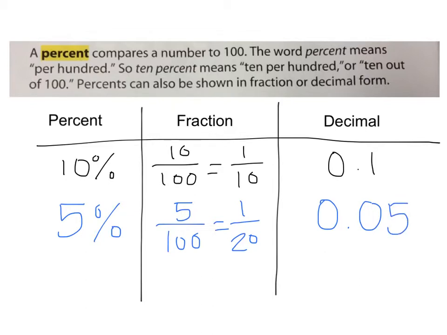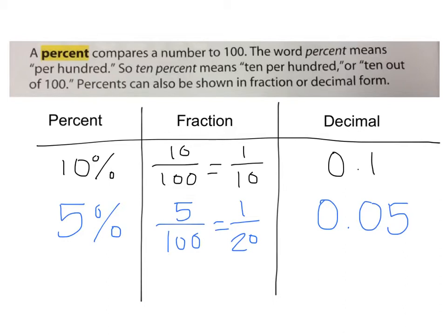Good. So 5% is 0.05 or 1/20th. They all mean the same thing. It means if I had 100 people up here and I said how many of them were wearing glasses and the answer was 5, 5 out of those 100 people are wearing glasses. I could say 5% of the people are wearing glasses. I could say 1/20th of the people are wearing glasses, or I could say 0.05 of them are wearing glasses.